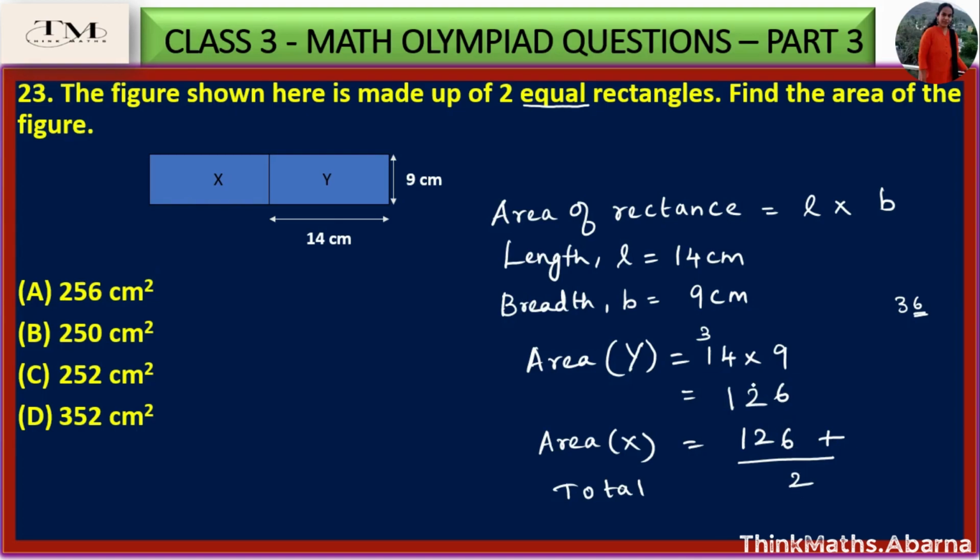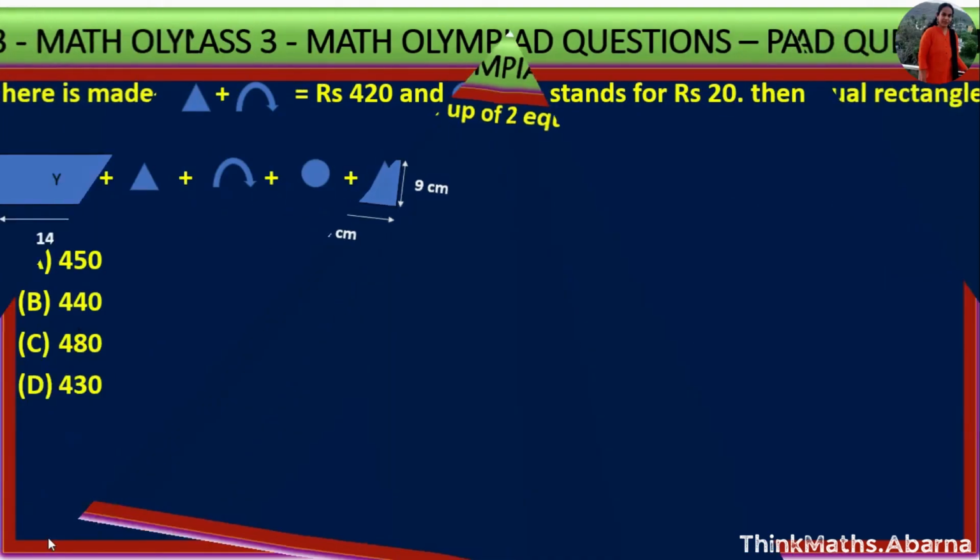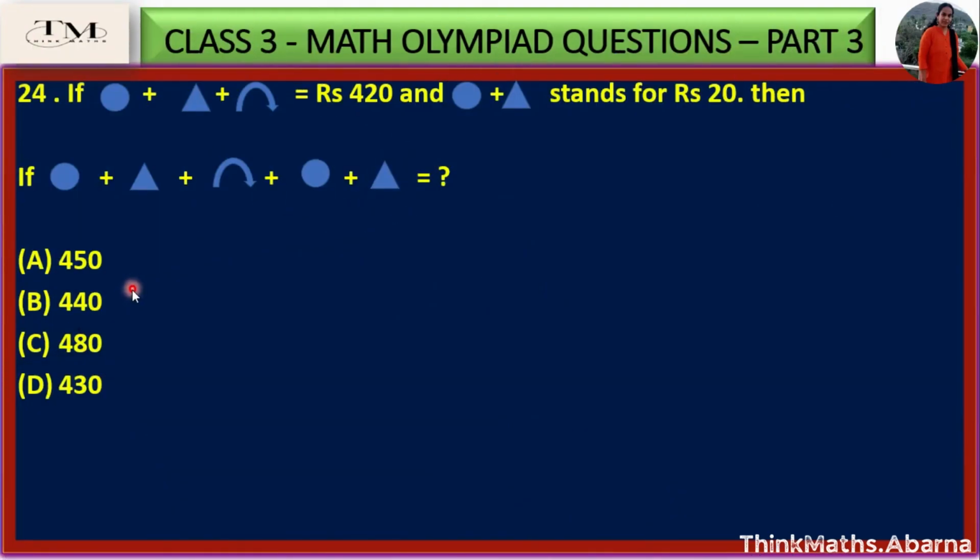Write 2 here and 1 on top. 1 plus 2, 3. 3 plus 2, 5. 1 plus 1 is 2. So total area is 252 centimeter square. The area of the rectangle should be in centimeter square. So where is 252? It is option C, which is the right answer. So moving on to the next question, 24.